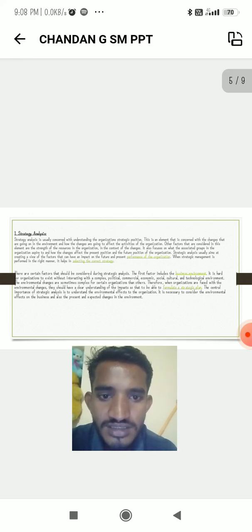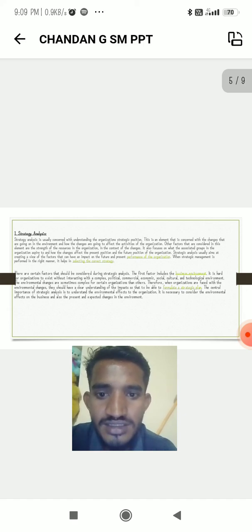This is an element that is concerned with the changes that are going on in the environment, and how the changes are going to affect the activities of the organization. Other factors that are considered in this element are the strength of resources in the organization.